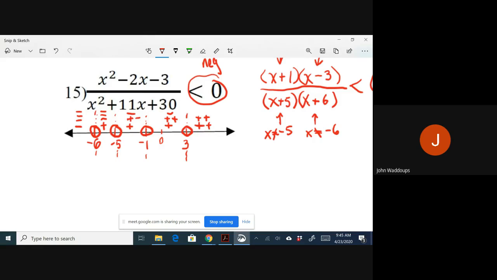Then we multiply out to find the resulting sign. When you have an even number of negatives, here I've got 1, 2, 3, 4 to the left of -6, and if you multiply those all out, negative times negative would be positive, and positive times positive is positive. So this would be a positive result to the left of -6, which means the graph would be above the x-axis.